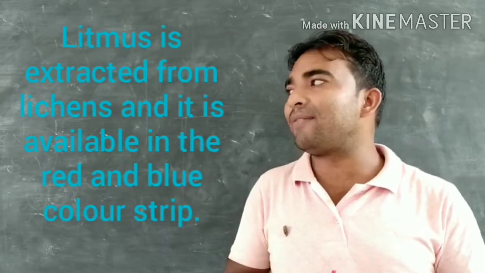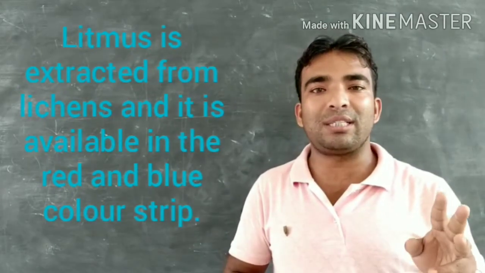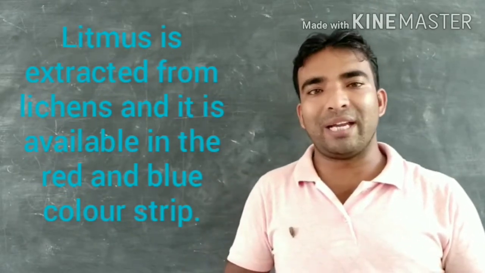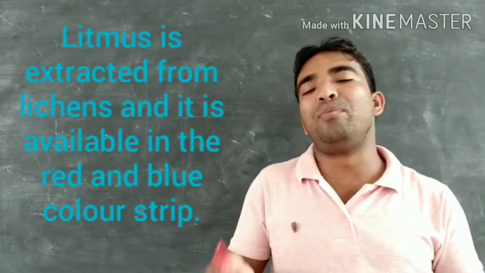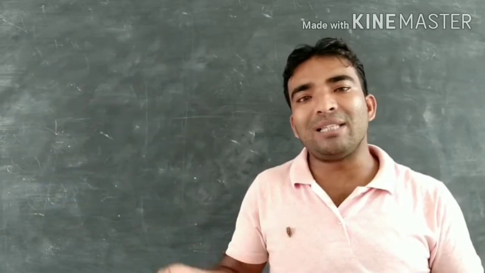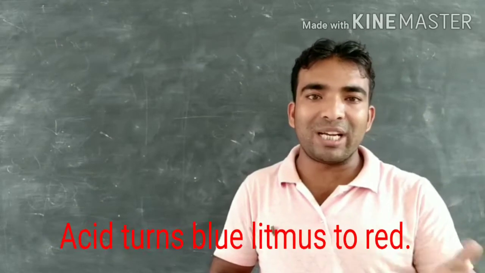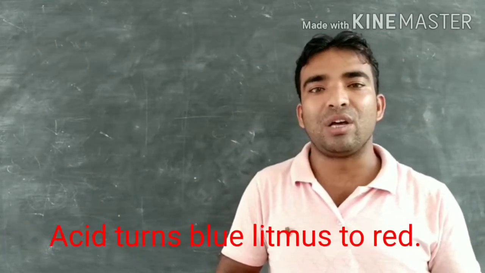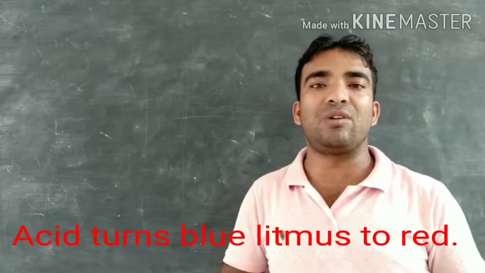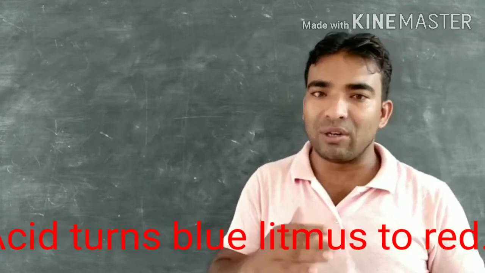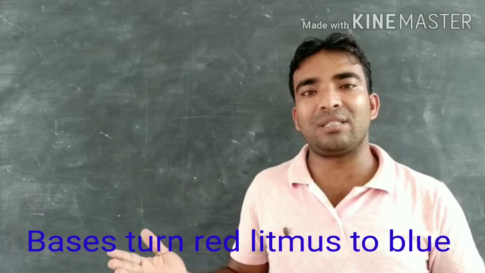It is generally available in the market in two colors in paper strip form, that are blue and red. Acid turns the blue litmus to red, and on the other hand the bases turn the red litmus to blue. So by looking at the changes of the color, we can understand whether the given solution is acidic or basic in nature.